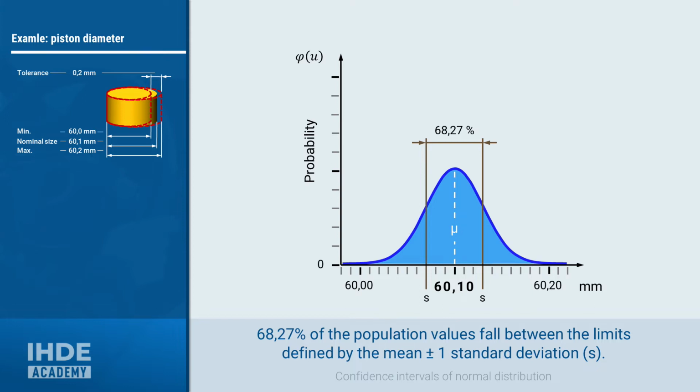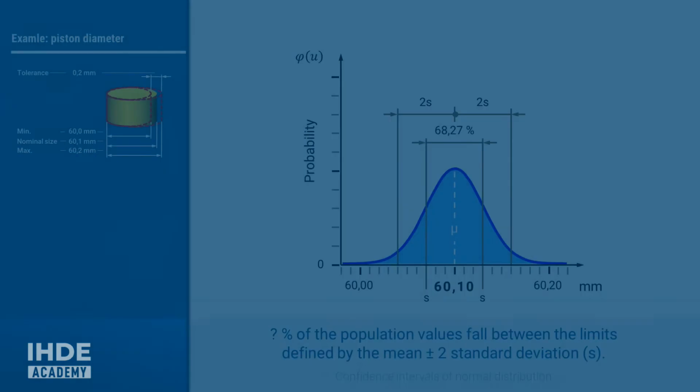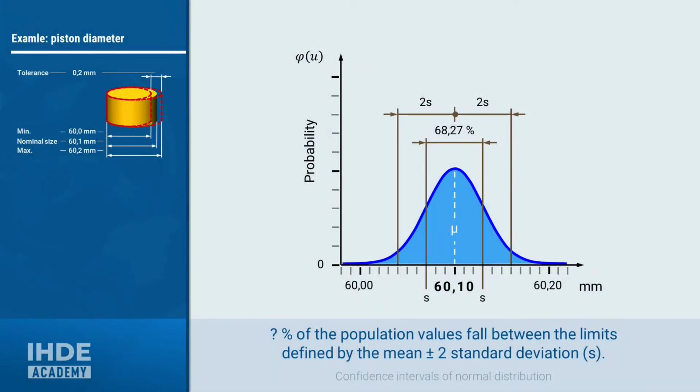Next, let's look at the value for twice the standard deviation. If the single standard deviation is 0.03, twice the standard deviation is logically 0.06 mm. Consequently, the confidence interval now ranges from 60.04 to 60.16 mm.